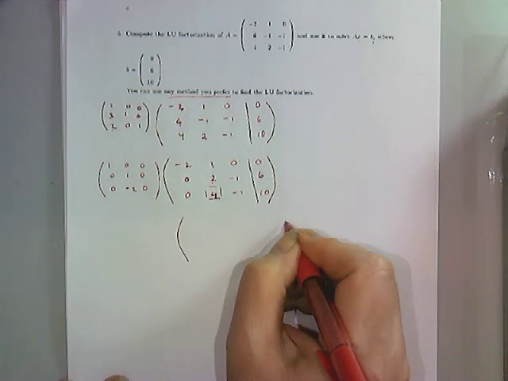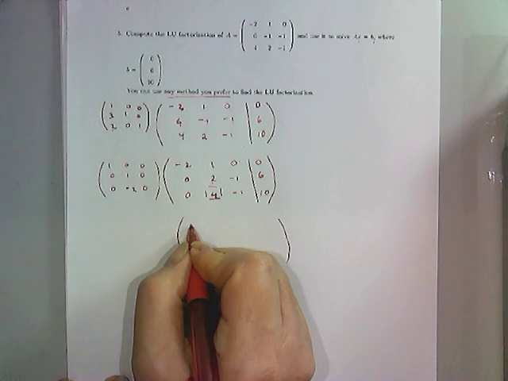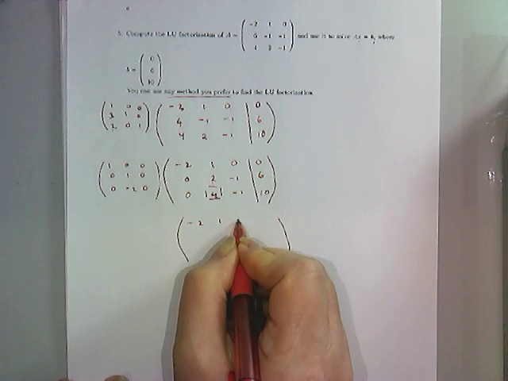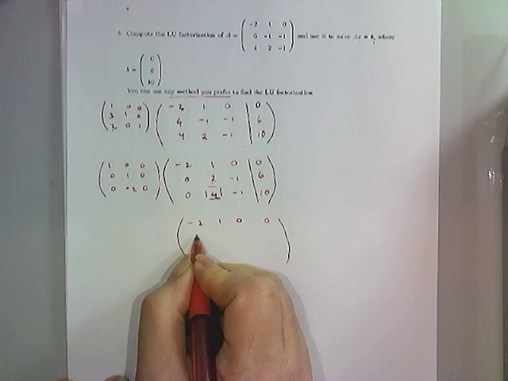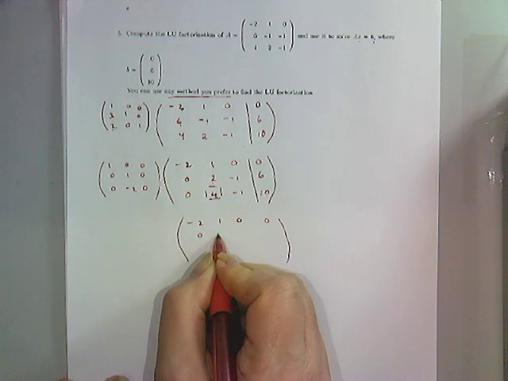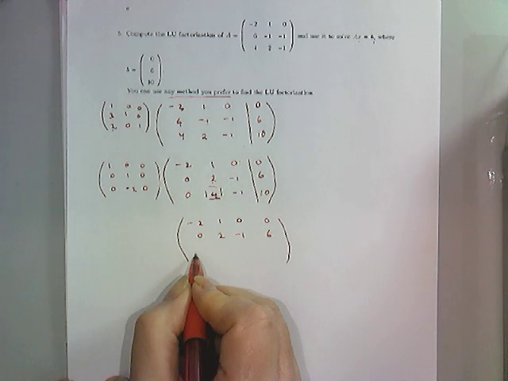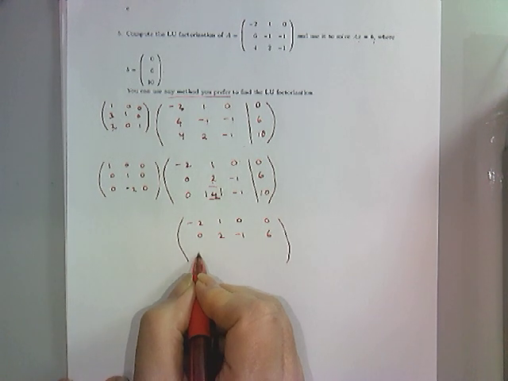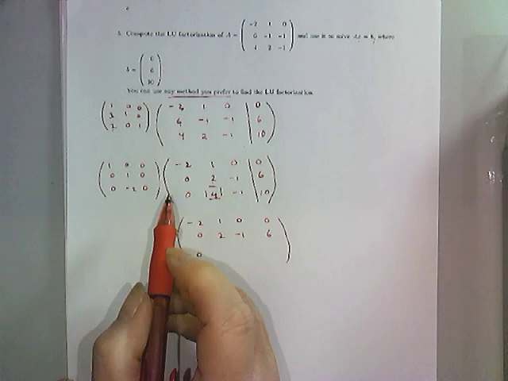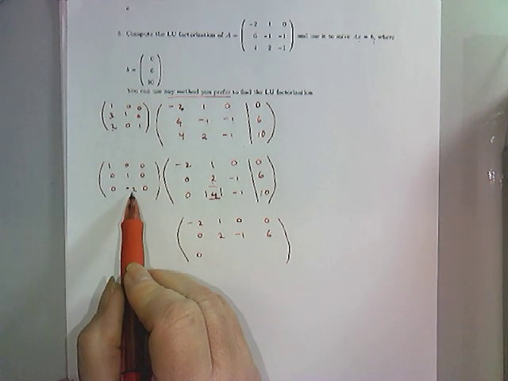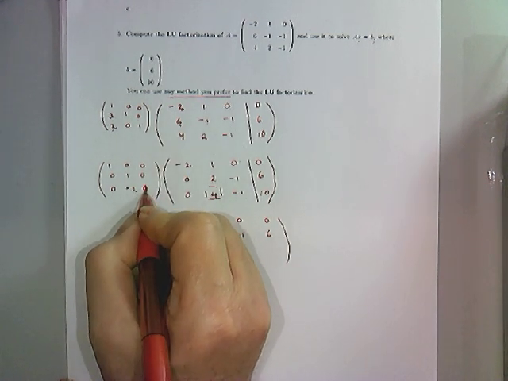When I multiply by this, the first row will be -2, 1, 0, 0. Second row will be 0, 2, -1, 6. And then the last row will be 0, 0, 1.